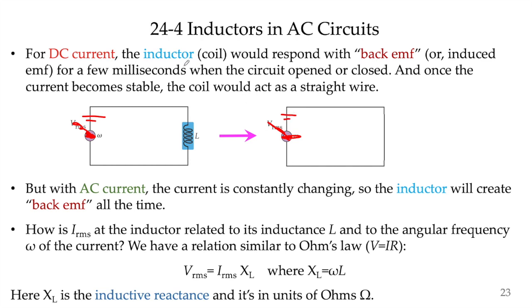Let's remember what happened with the DC circuits. When you connect it to a DC circuit, there's going to be some current, right? And this inductor will oppose that current. So it will create back EMF, or back voltage, or opposite voltage to oppose the current or the voltage in the circuit, for a really short amount of time, because when you connect it, initially the current is zero.